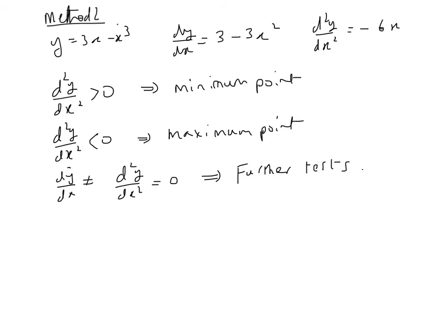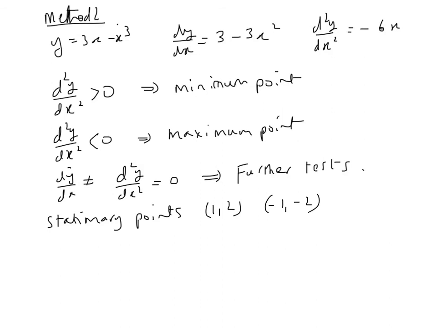So we know from the previous examples that our stationary points were given by 1, 2, and -1, -2. So let's test them. Right, d squared y over dx squared.